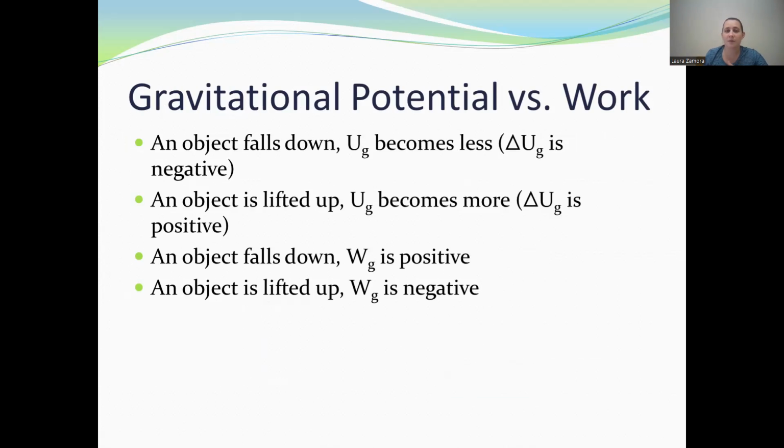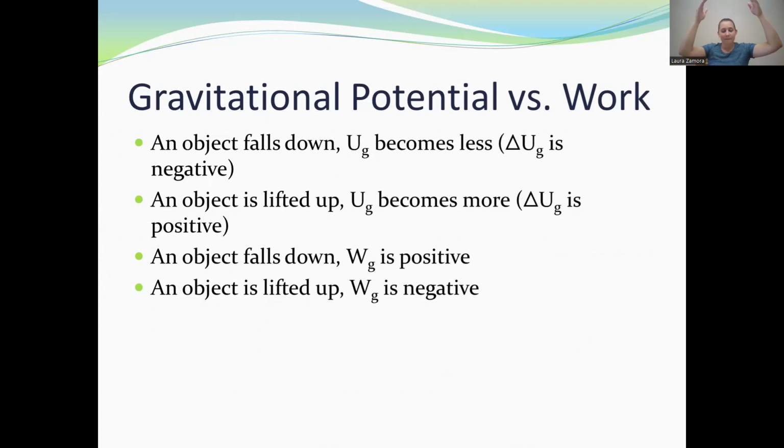Vice versa, when the object is being lifted up, now it has more and more potential to fall down. So that potential energy becomes more, or that change in potential energy is positive. So that means when an object is falling down, the work done by gravity is positive. As an object is lifted up, the work done by gravity is negative.